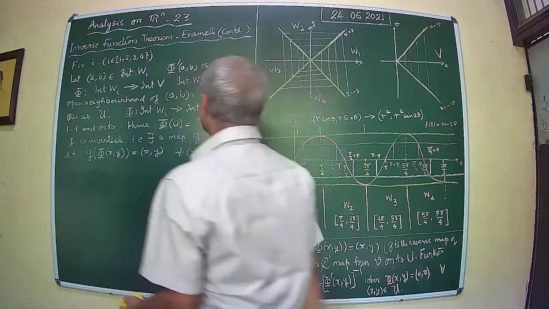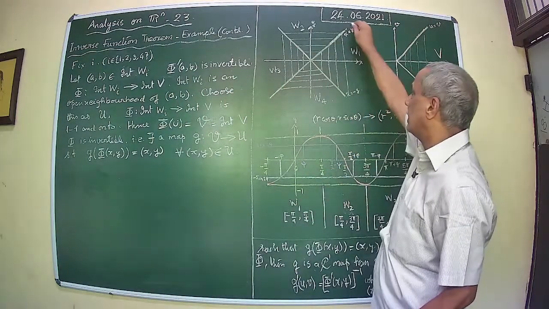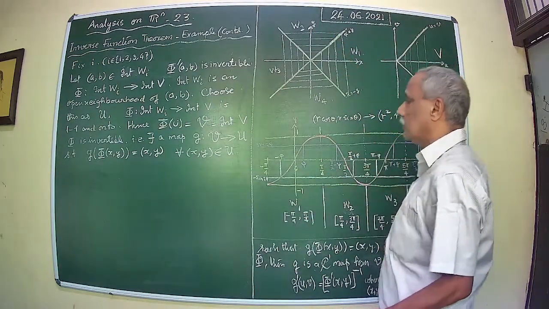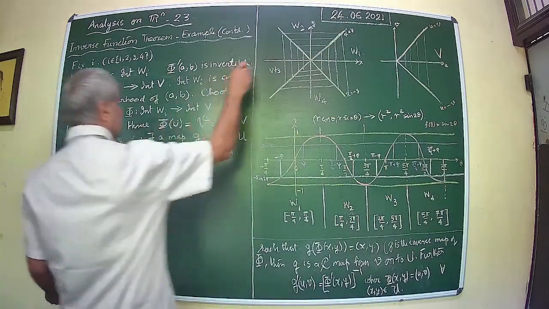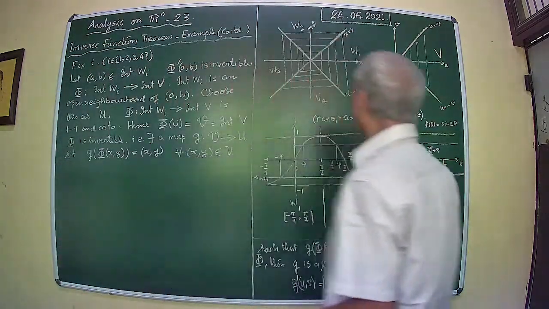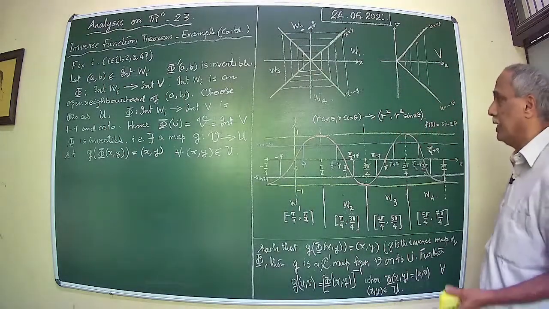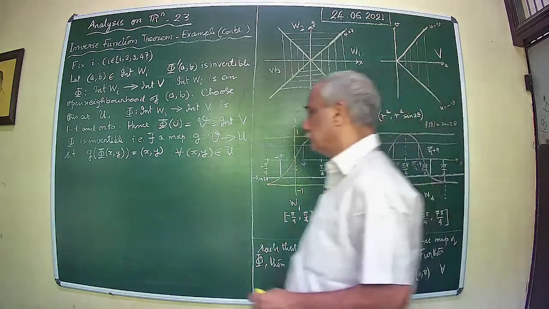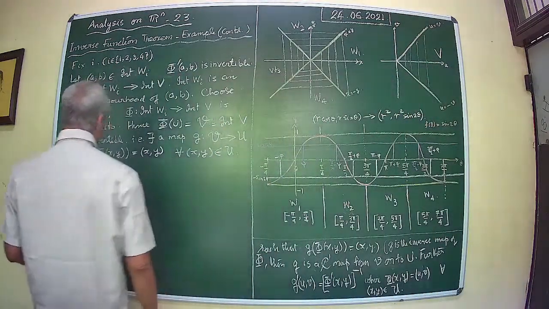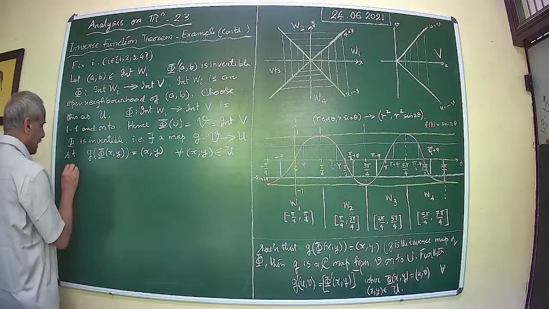So only when you are on these lines x equal to y and x equal to minus y, phi is not invertible. On every point in the interior of Wi for i equal to 1 to 4, phi is invertible.